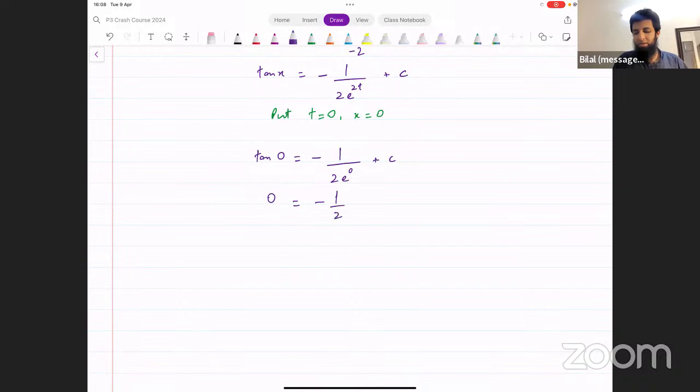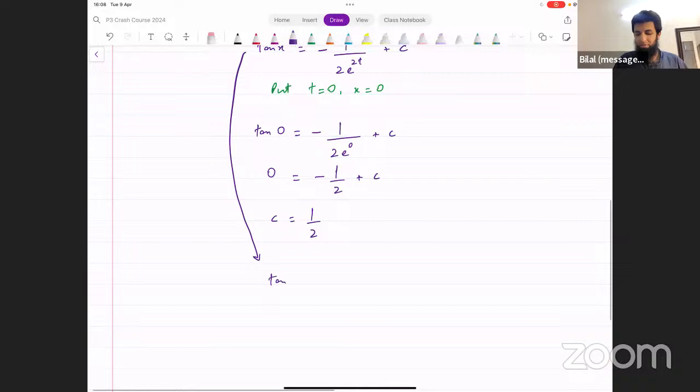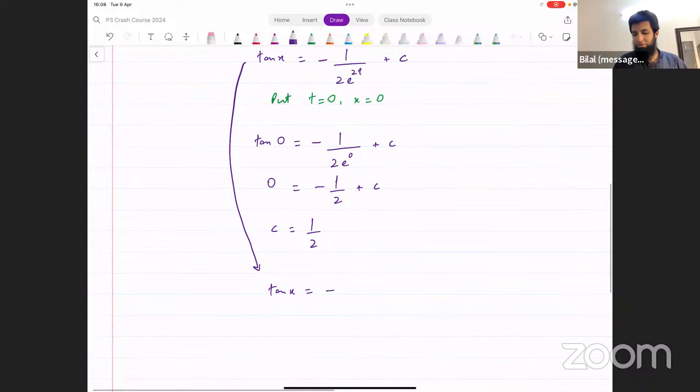So it becomes minus 1 over 2 plus c on the right side. The value of c turns out to be 1 over 2. And now, what does this equation become? It becomes tan x equals minus 1 over 2e raised to the power 2t plus 1 over 2. And we have found the value of c now as well. All right.